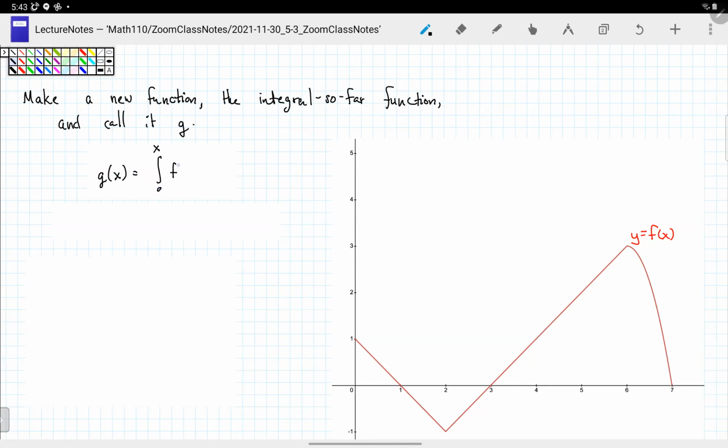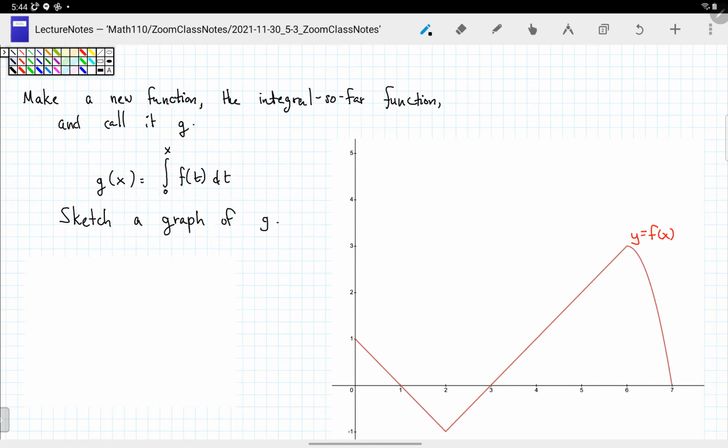I don't want to call it f of x dx because I'm using the x up here, so I'm going to call it f of t dt, keeping in mind that the variable we use in the integral just tells you what I'm calling the input variable of that function. Okay, so this is the integral so far function. And what I want to do here is see if we can make a graph of the function g.